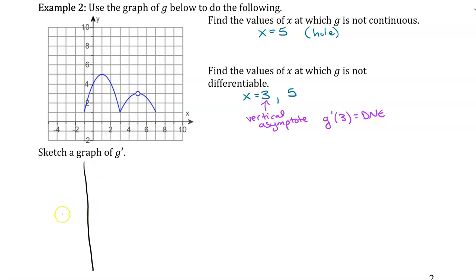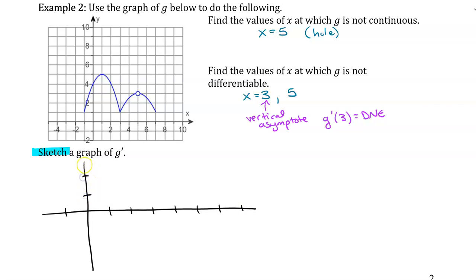So instead, we're going to have to make some guesses. This is really where the word sketch comes in. So my x-axis will be the same, -1 all the way to 7 is what I need. And then from here, it's more hand-wavy.